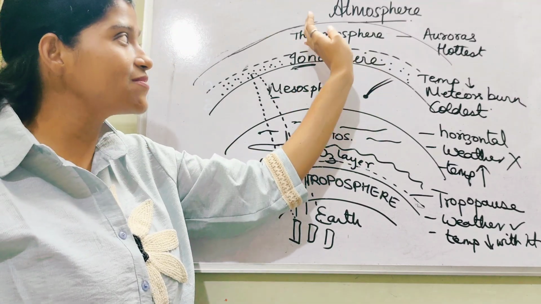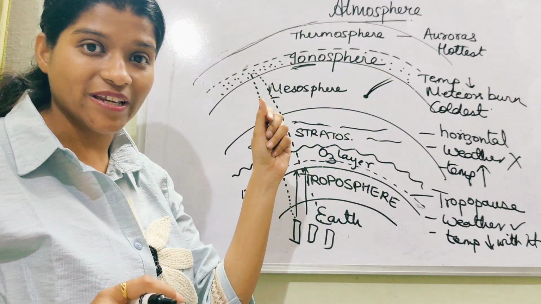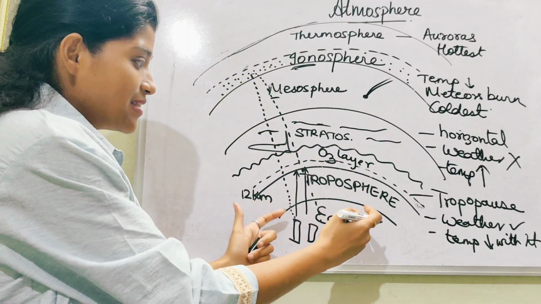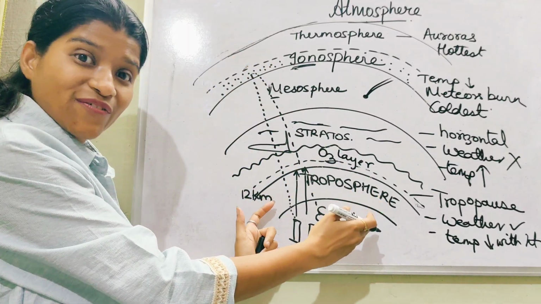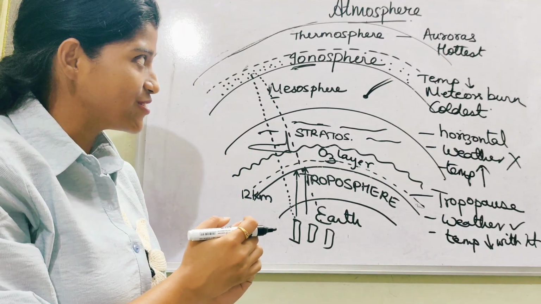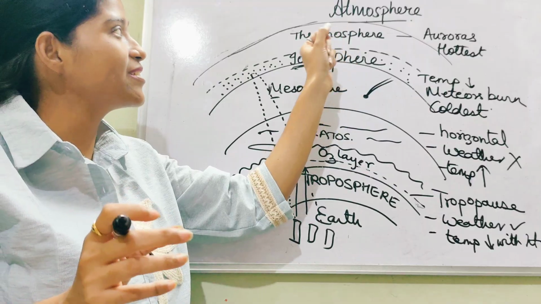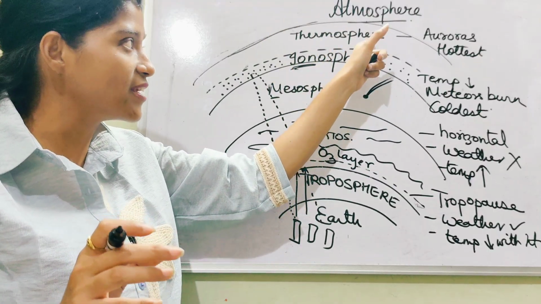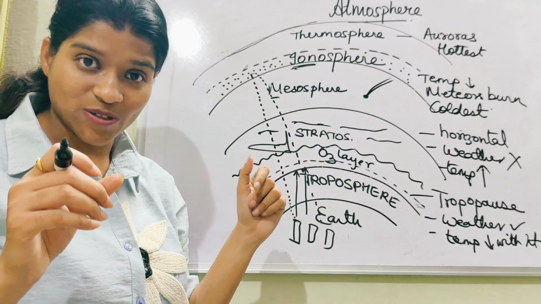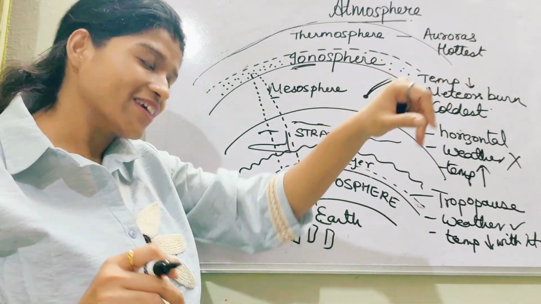Because the gases which are found in this layer absorb the UV rays of the sun. This layer is very far away from the sun as compared to this layer. Isn't it so? So this layer is comparatively closer to the sun. The gases which are found here absorb the UV rays of the sun, and so this is the hottest layer.